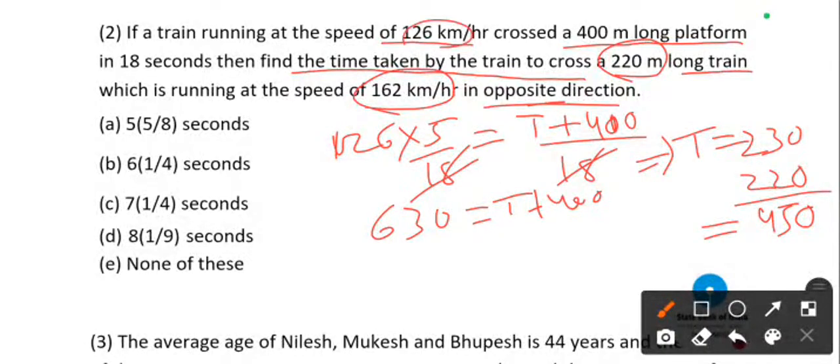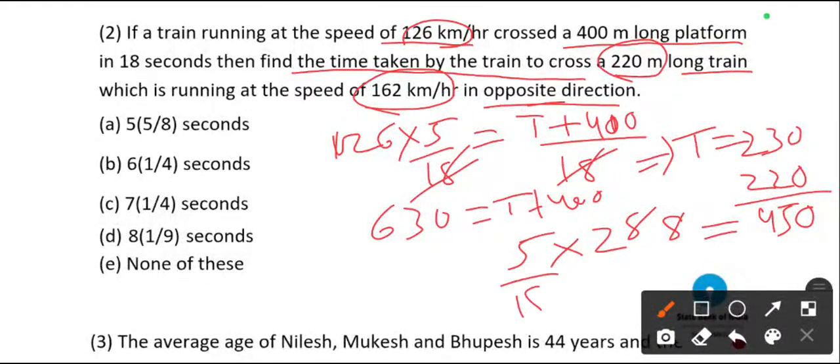So 126 plus 162, which will be 288 kilometers per hour. So we need to convert them into meters per second by multiplying with 5 by 18.